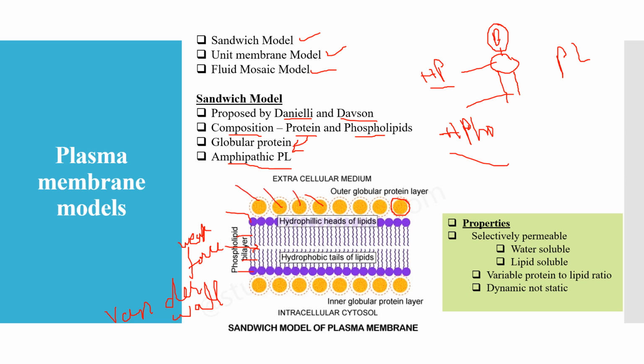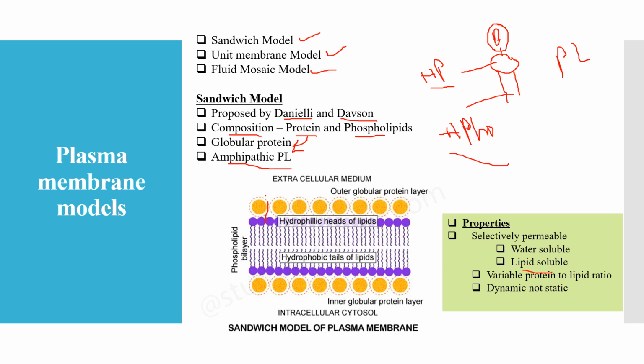The first property was selectively permeable, meaning the plasma membrane should allow the entry of water soluble and lipid soluble substances. Firstly we will take the lipid soluble substance. Here the lipid soluble substance is present because this is the lipid molecule.